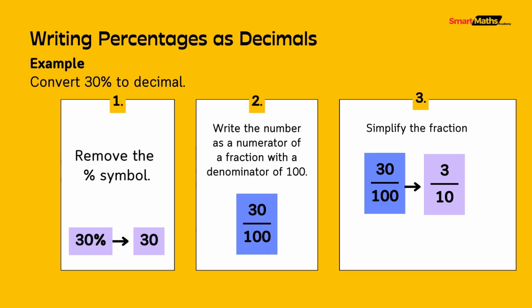Since we're going to decimals, you can see we have converted the percentage to a fraction. Now we have to convert this fraction to a decimal. So that's 3/10, and 3/10 is simply 0.3. Hope this is very clear. So that is how to convert percentages to decimals. I hope this simple explanation is very clear to you.